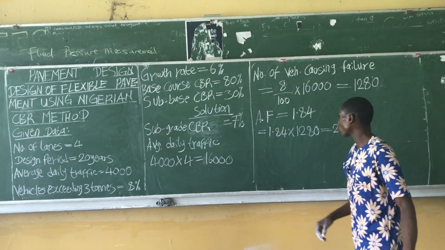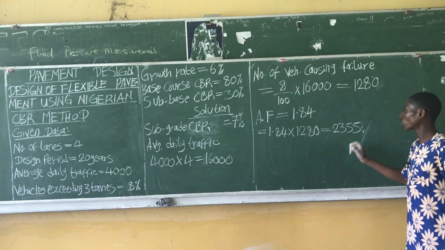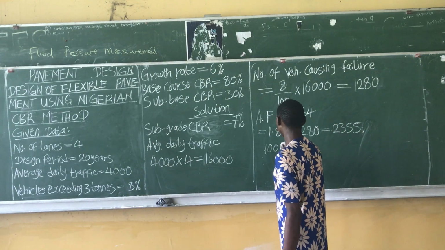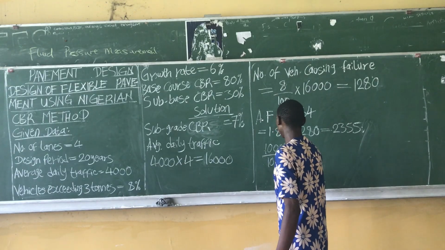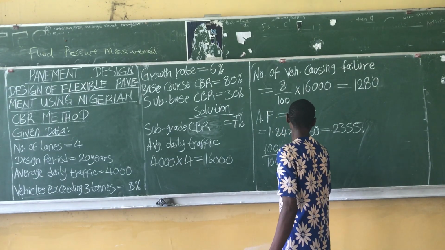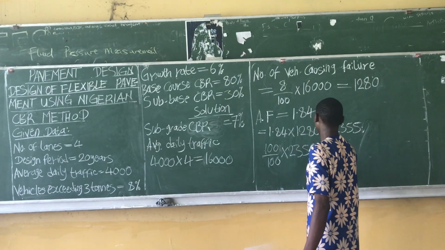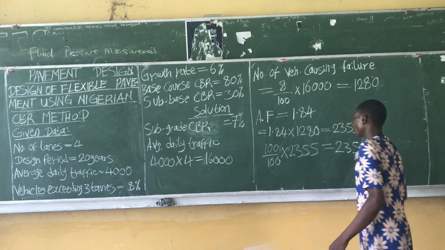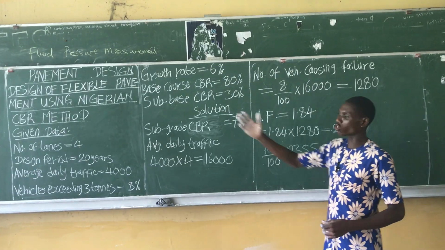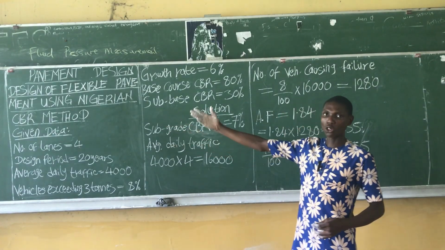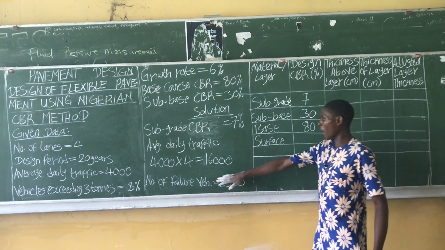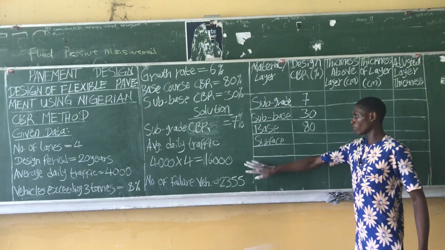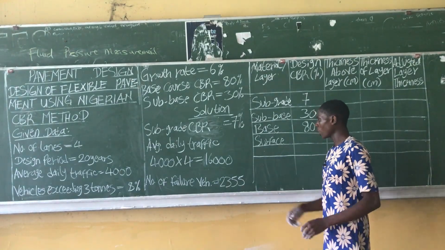Okay, so we are to use 100% of this value. So 100 divided by 100 times 2355. That's going to be equal to 2355. We should note, if the given lane was not 4, we'll be using the lane distribution factor. So after getting the number of vehicles causing failure, after the factoring, we have it to be 2355.